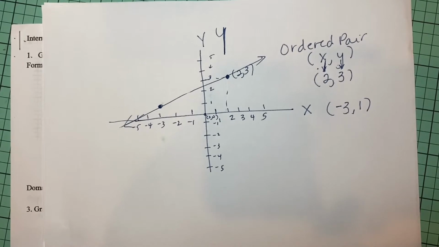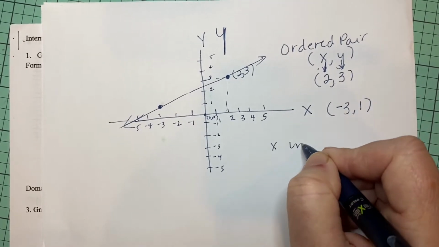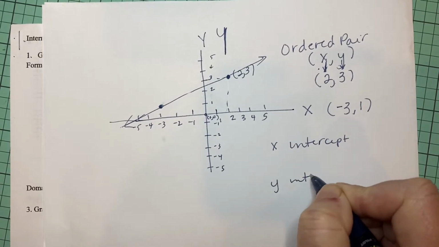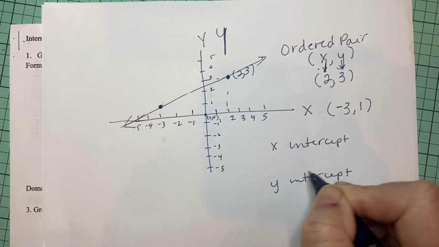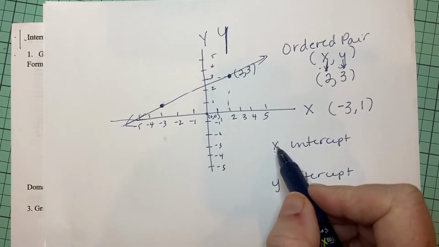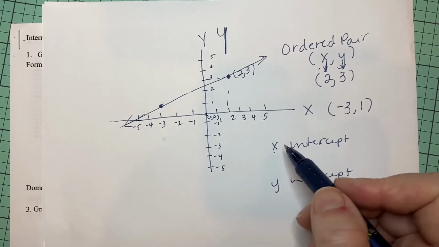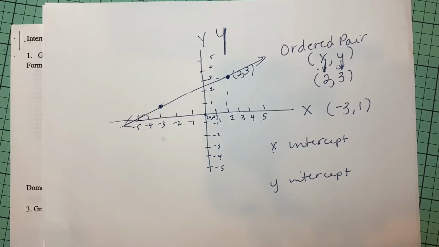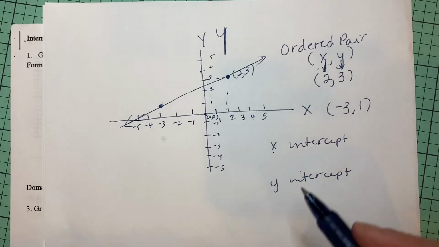Okay, and then the next thing I want to talk to you about is x-intercept and y-intercept. An x-intercept is where the line crosses the x-axis. Like in football, when you say there's an interception, that's where the player intercepted the ball or stopped the ball's line of pathway.